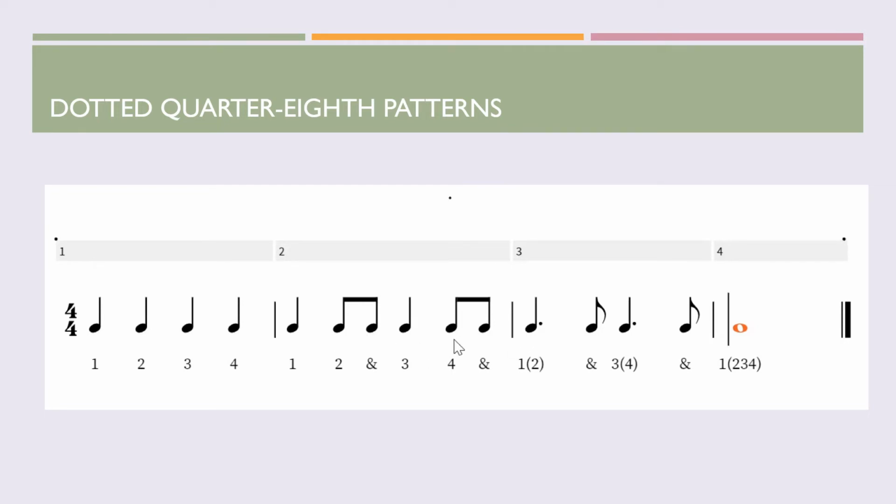Ta-ti-ti, ta-ti-ti, ta-i-ti, ta-i-ti. So let's listen to it with rhythmic syllables from the beginning. Ta, ta, ta, ta, ta, ti, ti, ta, ti, ti, ta, i, ti, ta, i, ti, ta.